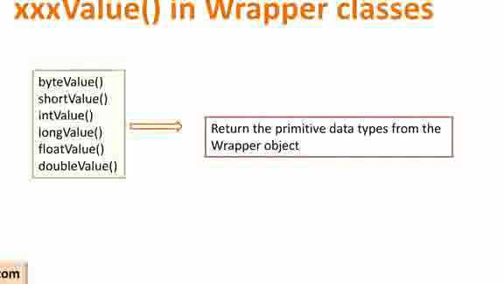That means you should already have a wrapper object with you. All you do is use i.byteValue or i.shortValue on that object to get the core value that is stored inside it as a primitive data type. So using the wrapper object, you can get the primitive data outside.